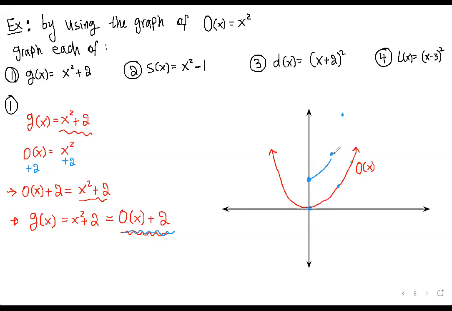So the graph will be something like this. So this is f of x plus 2, and this is equal to the function g of x. So the blue one is the graph for the first one, g of x. Any questions so far?